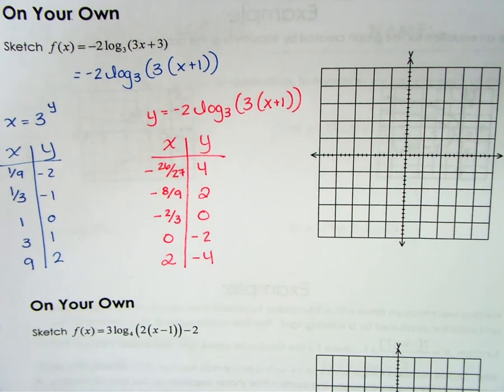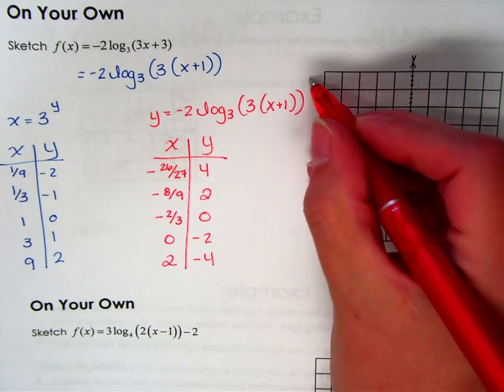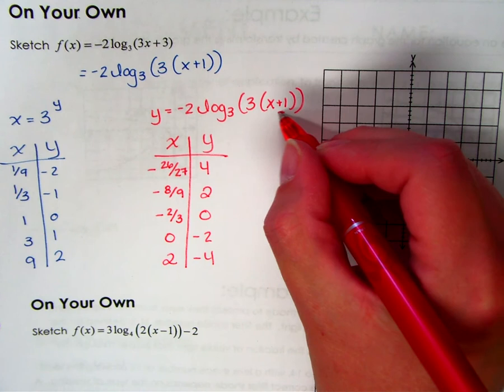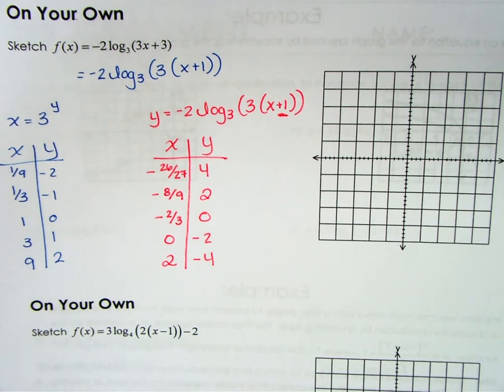Okay, let's talk about where our asymptote is. Where did you go? Which way did you go here? You went left 1. So where's your asymptote? Left. It's going to be at -1, right?